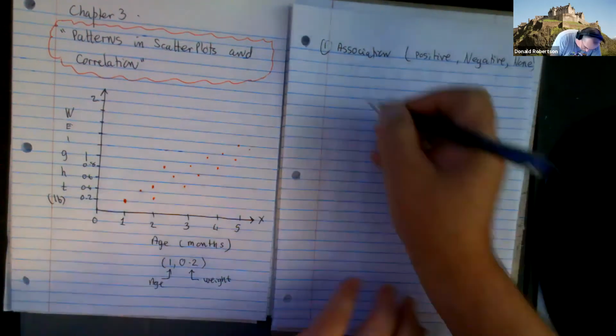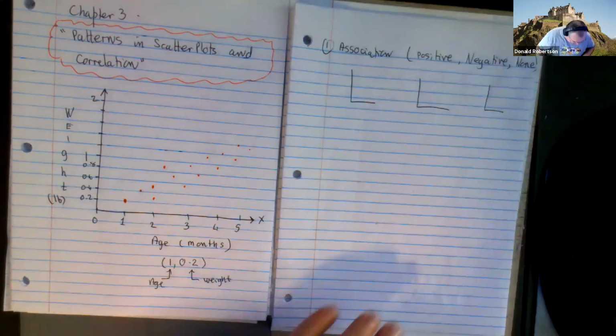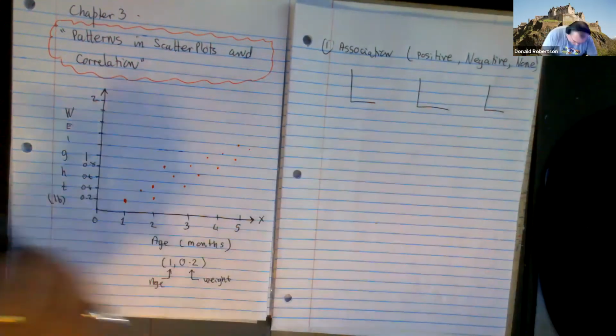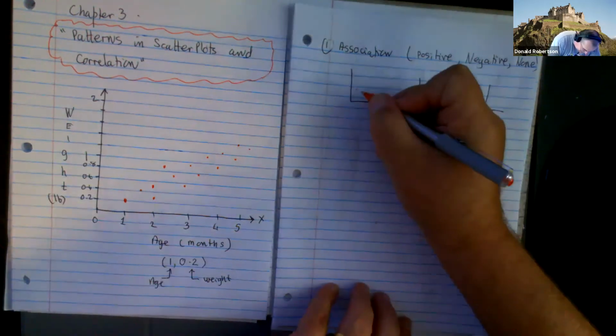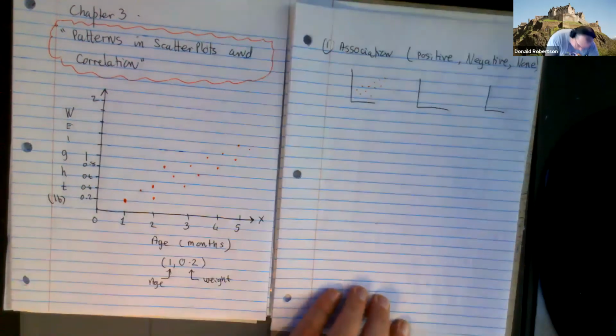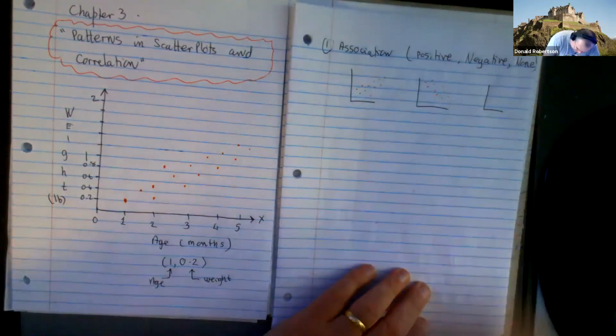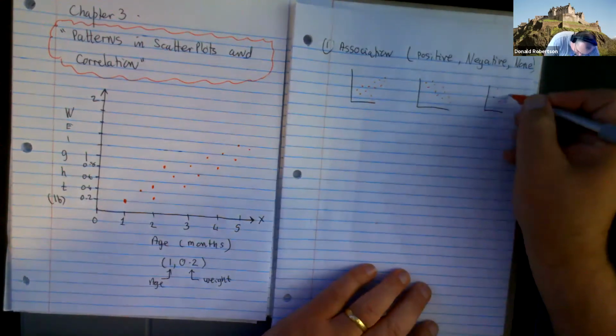So here are little baby scatter plots with no great information because it's just the idea. Can you imagine that you've got some data that looks like that, some data that looks like that, and some data that looks like that?